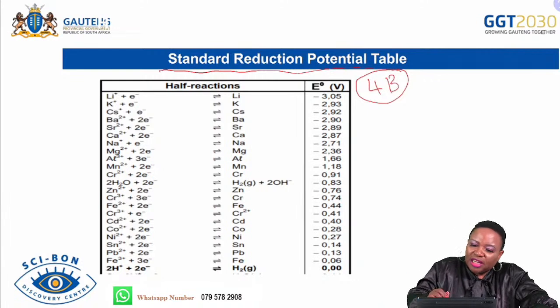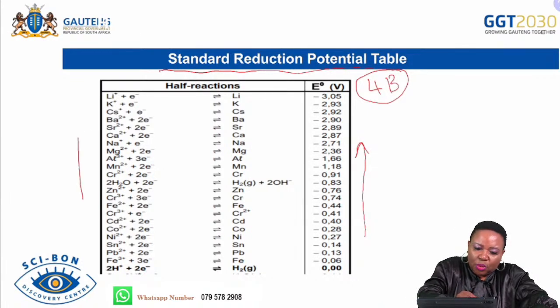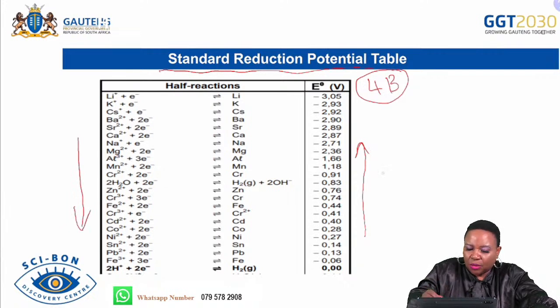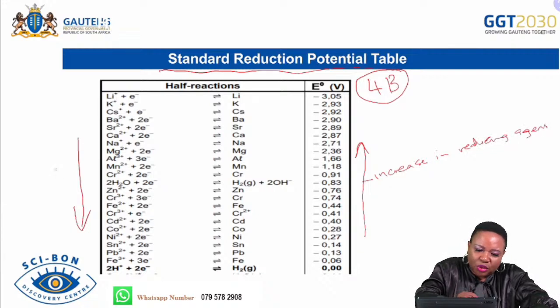So when you look at table 4B, you will see two arrows, one going up and the other going down. This one says increase in reducing agent, and this one also says increase in oxidizing agent.